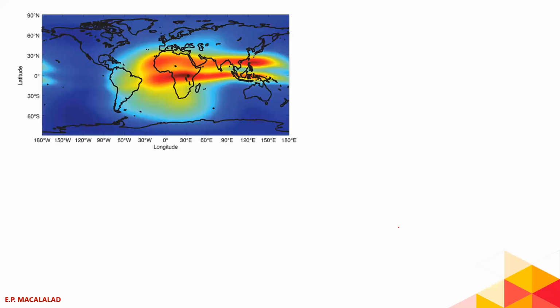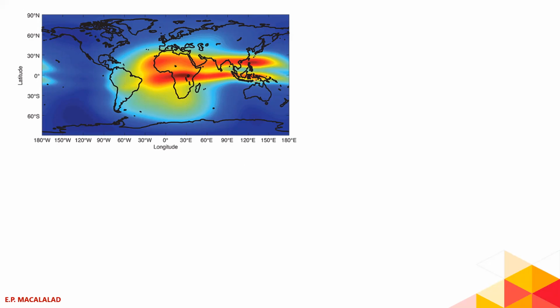So we expect that there is just a single blob or single region of ionization in the equatorial region. However, in reality, we don't have a single blob, but in fact, we have two large ionization crests. And on the geomagnetic equator, we have what we call a low ionization.